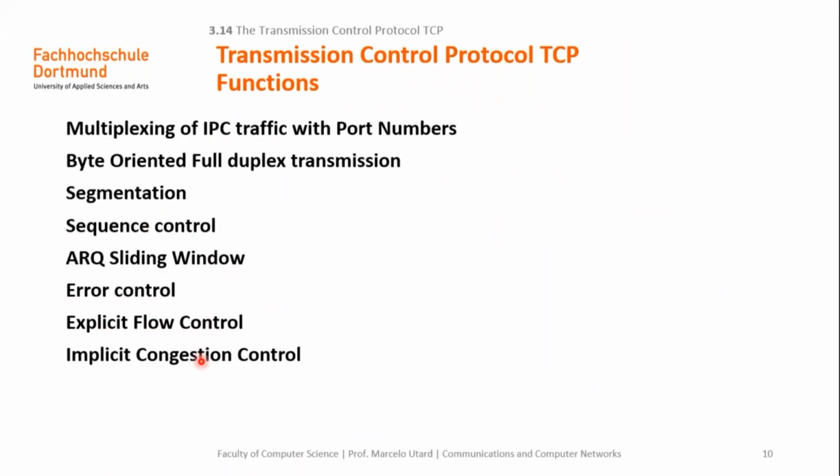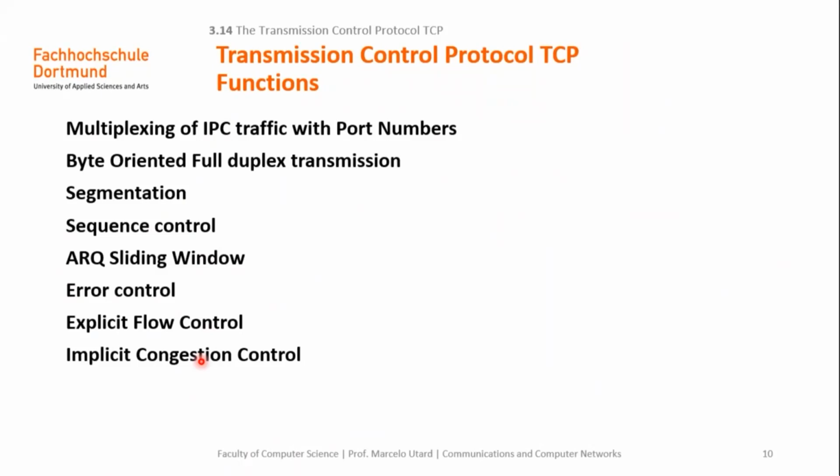The TCP entity detects implicitly the congestion situation when, for instance, the retransmission timeout expires, and the segment needs to be retransmitted. In that case, the TCP entity assumes that the loss is because there is congestion in the network. Then the transmitter drastically reduces the congestion window.